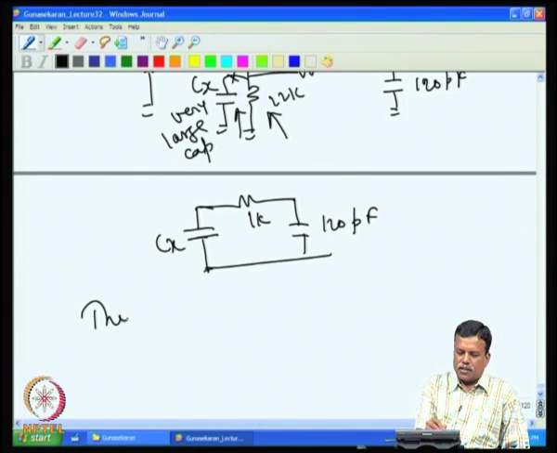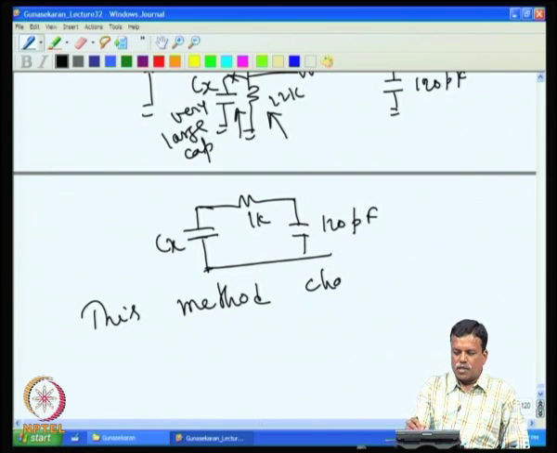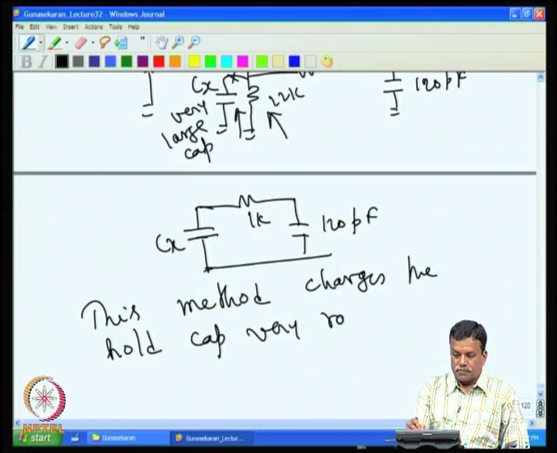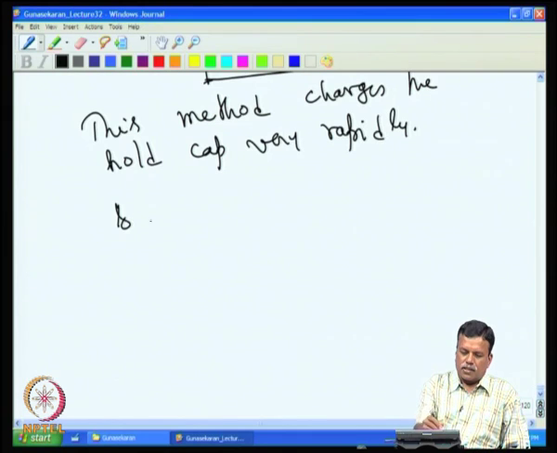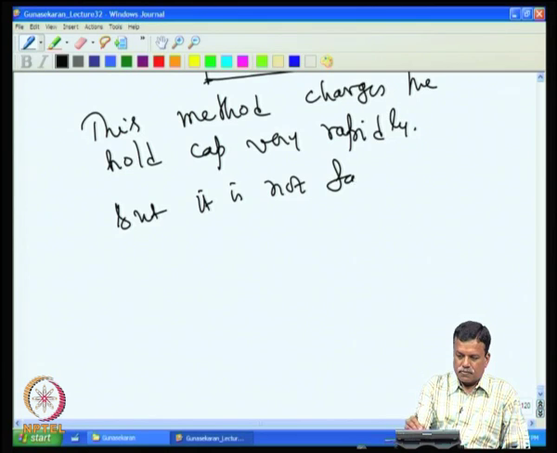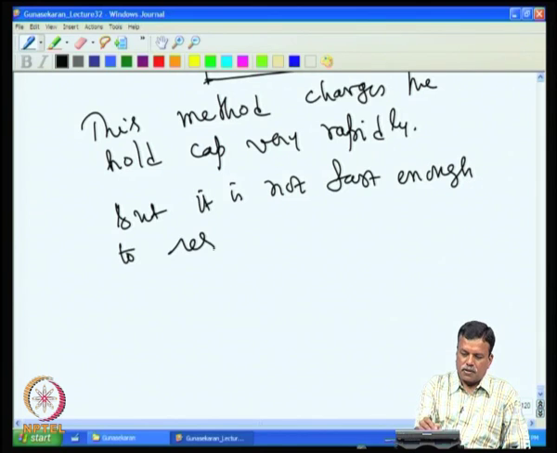So this method charges the whole capacitor very rapidly, but the system is not sensitive enough, not fast enough, to respond to the battery voltage change.